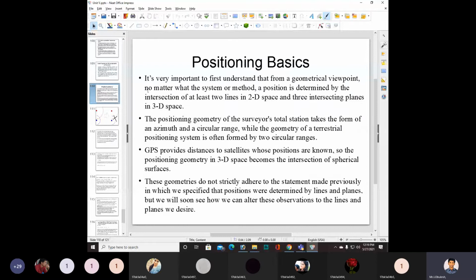Here, first we need to see the positioning basics.